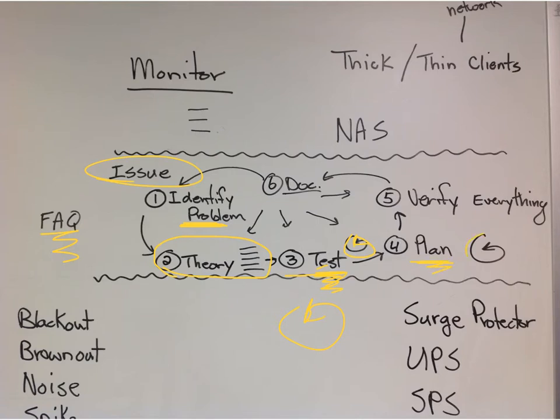You get a plan, check it, make sure it works. Put it into place, verify everything, not just the problem, but did you not create another problem? Then we document everything. In the process, you have the client involved. We'll talk more about that today, actually, or the next class session. That's it.